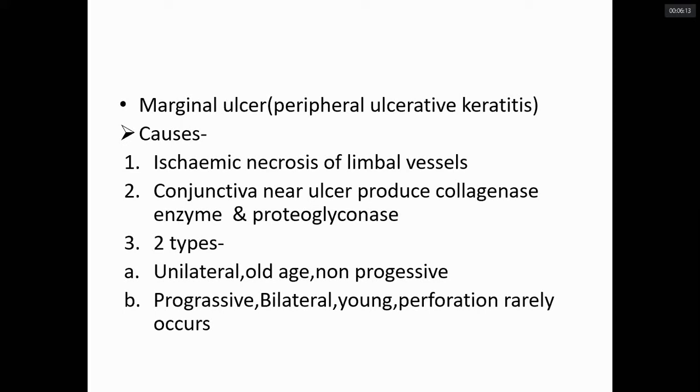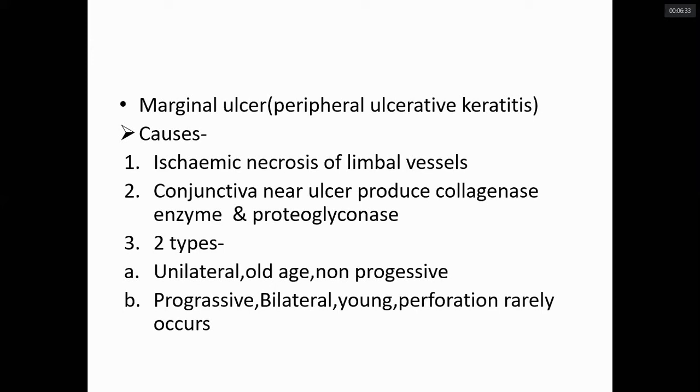So there are 2 types of marginal ulcers. One occurs in old age, which is the non-progressive type, and the next is the progressive type, which occurs in the young, and it is bilateral. It is due to ischemic necrosis of the limbal vessels.